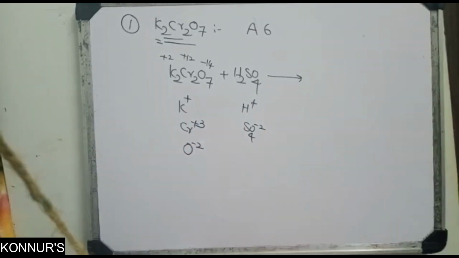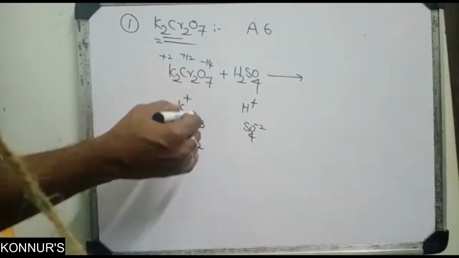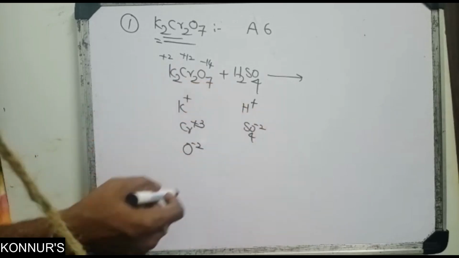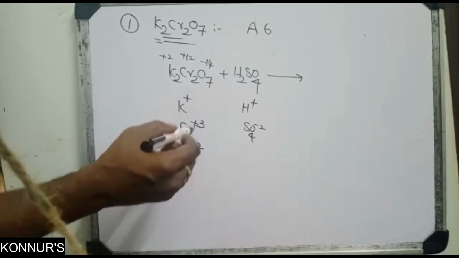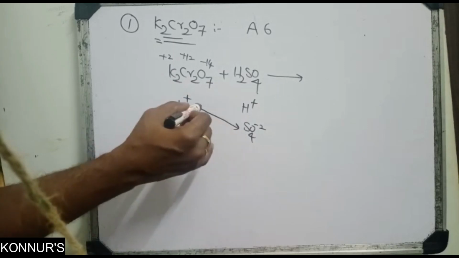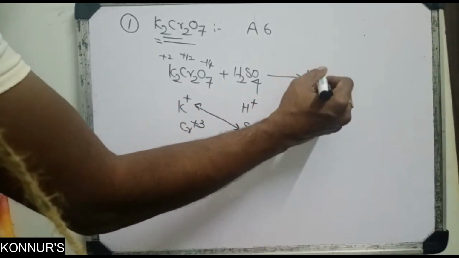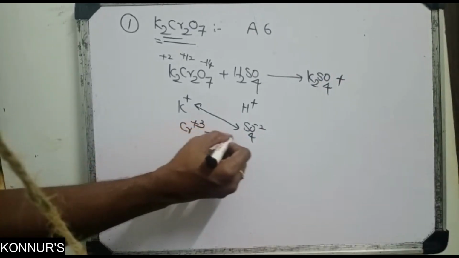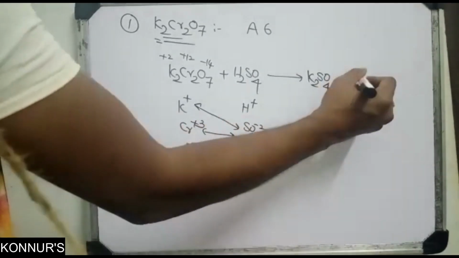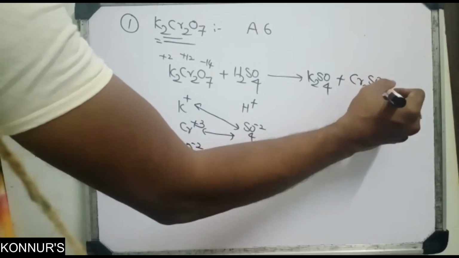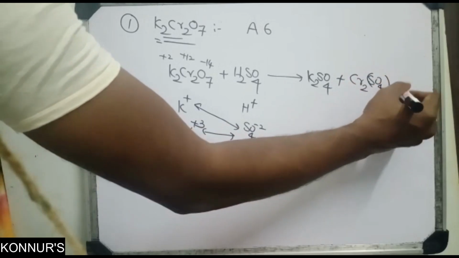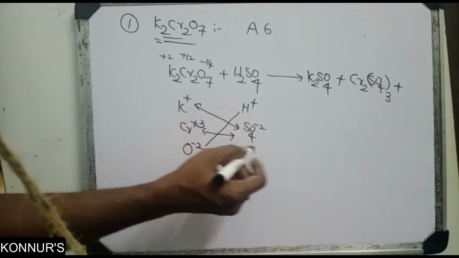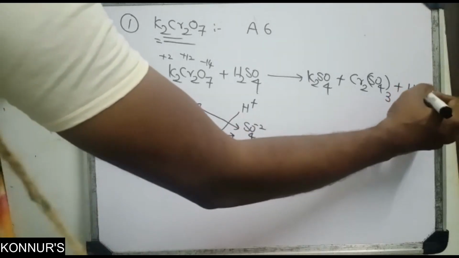So what is a chemical reaction? One reactant's positives react with another reactant's negatives. So potassium and SO4, you get K2SO4, one product. Next chromium sulfate, Cr2(SO4)3, plus hydrogen and oxygen, you get H2O.